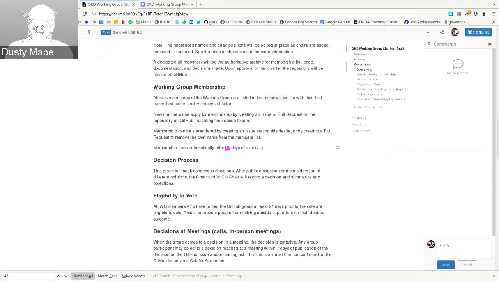So if we go down this route of doing something based on inactivity, I would suggest we try to automate it as much as possible.